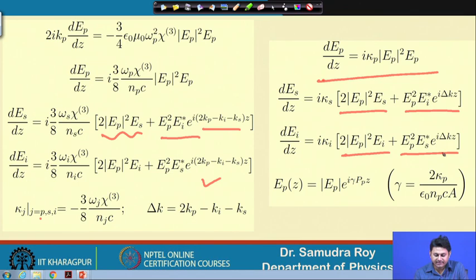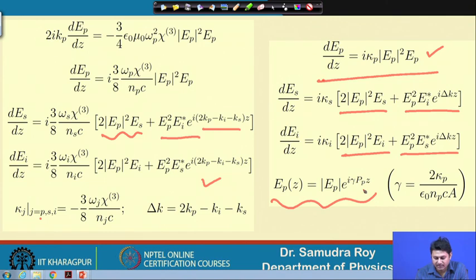The next thing is to solve these equations. Now we are going to solve for Es. In order to solve for Es, we need to know what Ep is, because Ep is sitting here, and we have a solution of Ep. If we do, the solution will be something like this, and this is nothing but the solution of self phase modulation.